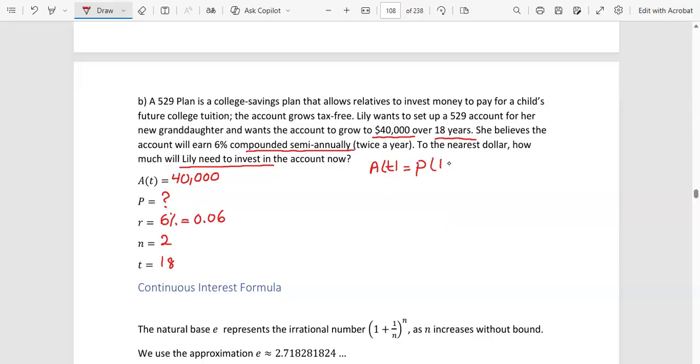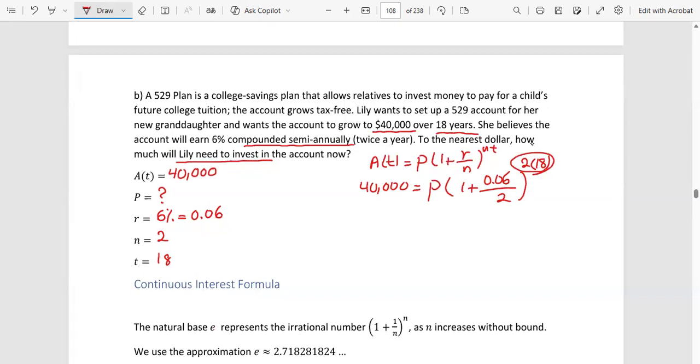And then replace the numbers that are given and find the missing one. We have the A, which is 40,000. We don't know the P. We know the R is 0.06, N is 2, and 2 times 18. First, we need to simplify the parentheses. 2 times 18 is 36.